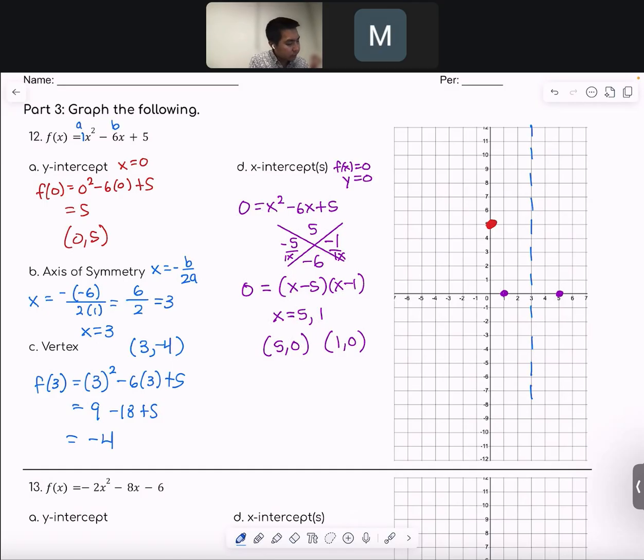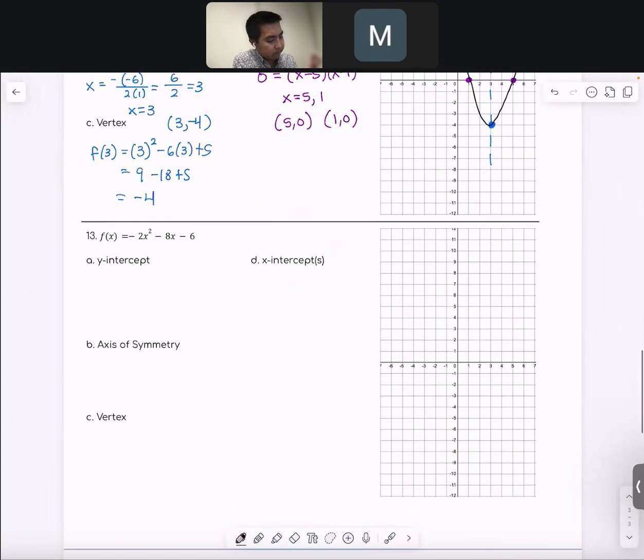So our vertex is 3 comma negative 4. And there is your graph. Okay, so we got that.